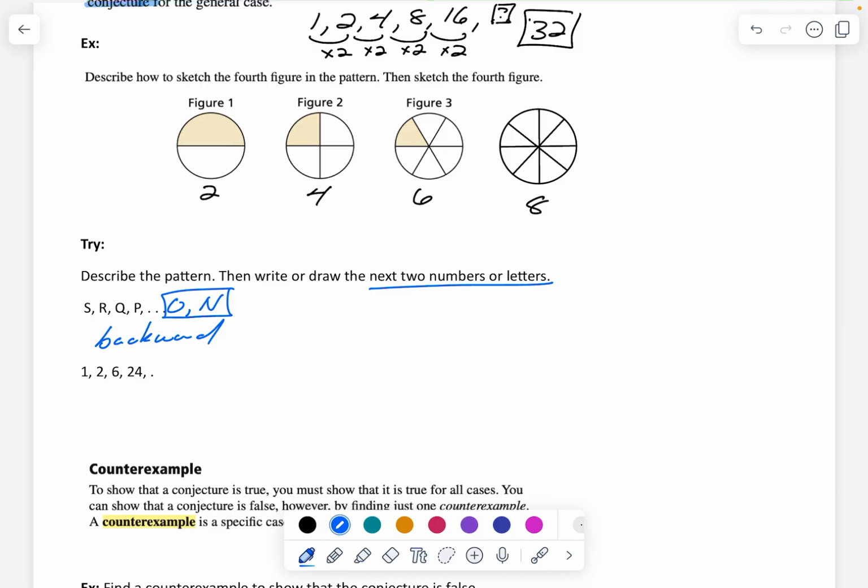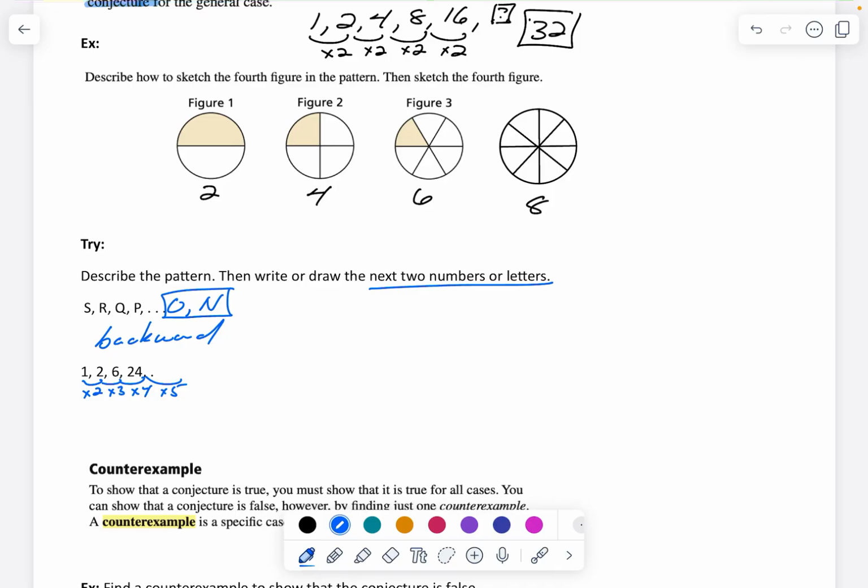1, 2, 6, 24. This is like plus 1, plus 4, plus a whole lot. Maybe it's times because it's getting so big so quickly. So this is times 2, times 3, times 4. I bet the next one is times 5. So I need my calculator.